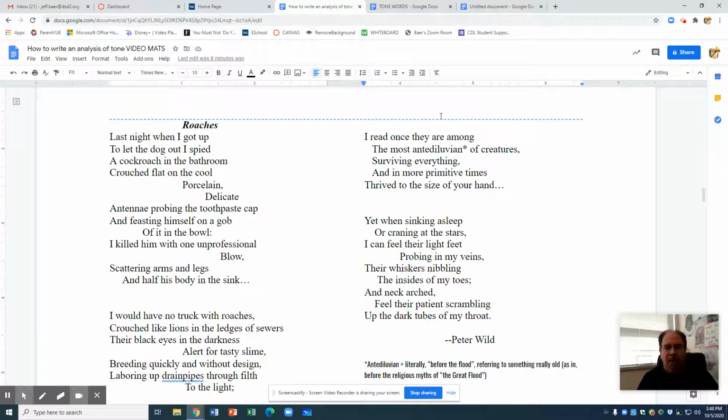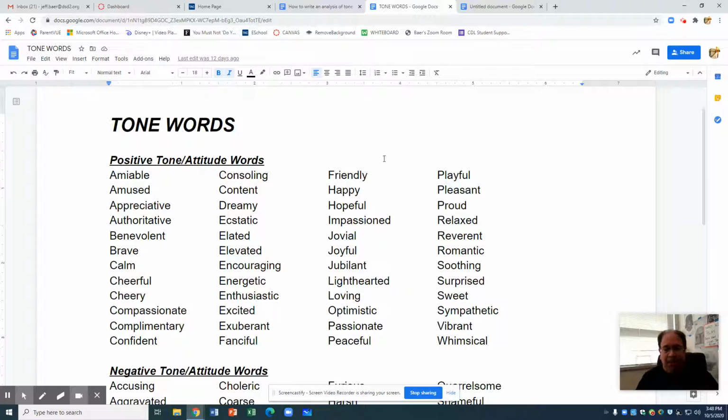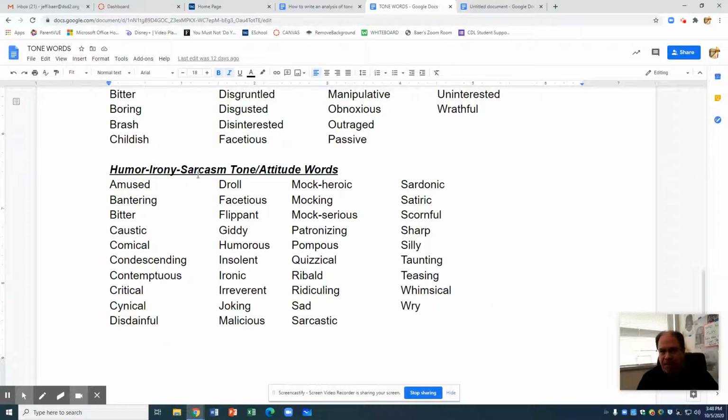Well, when we talk about tone, there are a lot of different resources online. Here's an example. I think this one is available to you in your unit on Canvas. This is an example of a bank or list of tone words. This one is nice because it's broken down into positive, negative, and then humor, irony, sarcasm categories.